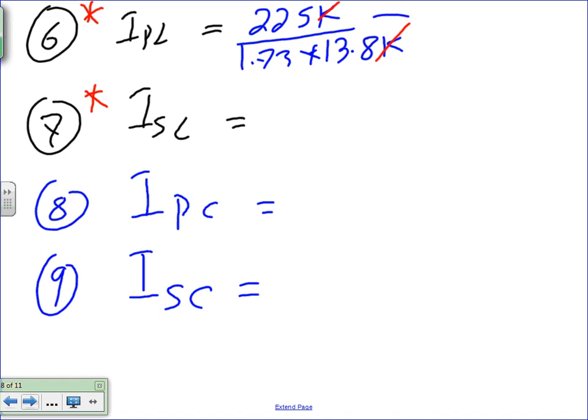You guys know how to do the math, right? If there's 1,000 at the bottom and 1,000 at the top of a division, they cross each other, so you don't have to do the calculation. And then it becomes 2,250 divided by 1.73 times 13.8. And if you do that, if I did my math right, you're going to end up with 94 amps.